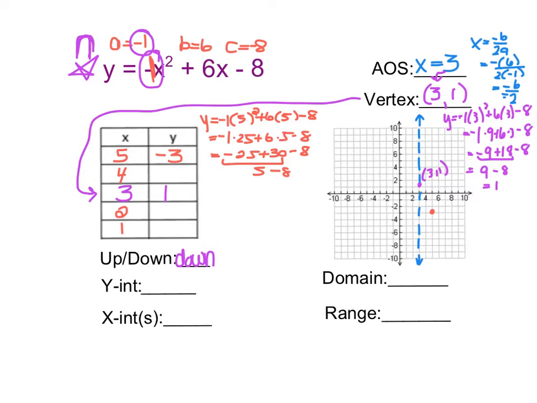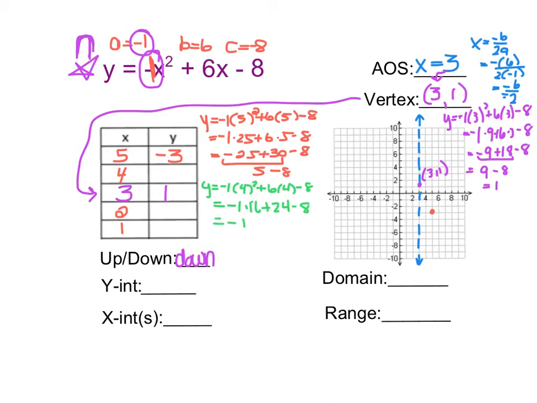And then I can move forward and I can calculate my next point. So I have y is equal to negative 1 times 4 squared plus 6 times 4 minus 8. And I do my exponent first, so negative 1 times 16 plus 24 minus 8.